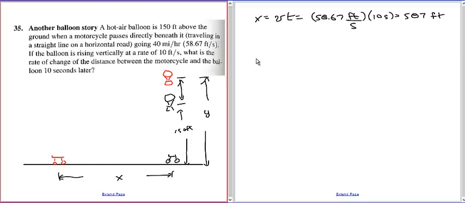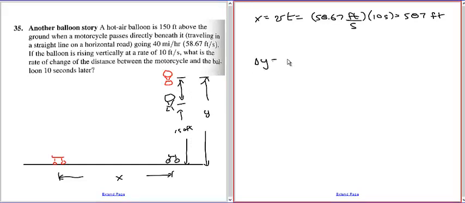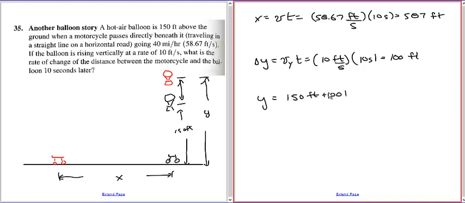And that, I'll call it delta y. And that's going to be the velocity in the y direction times time. So the balloon is rising vertically at a rate of 10 feet per second, and the time is 10 seconds, so that's 100 feet. So y is 150 feet plus 100 feet, which means it's 250 feet.